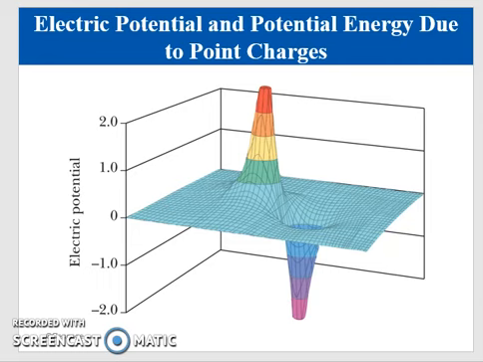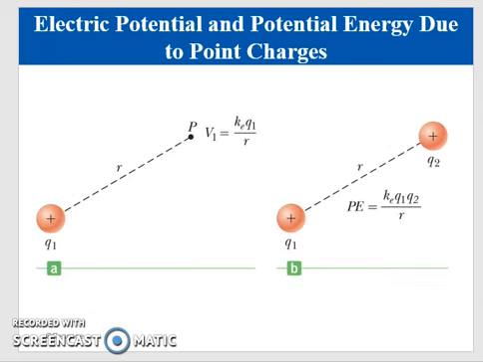So, for example, if I just have a single charge, let's look at case A right here. If I have a single charge Q at some distance r from the point P that I want to evaluate the potential at, then I just plug those values into the equation for potential, kq1 over r, and that will give me the value.